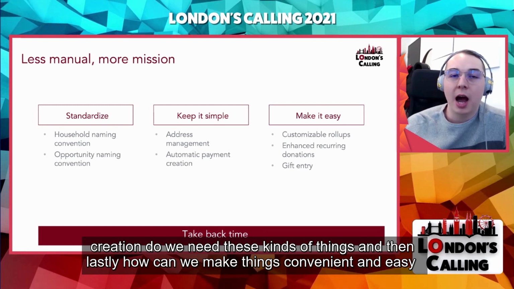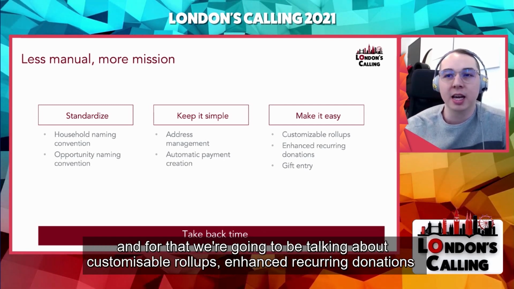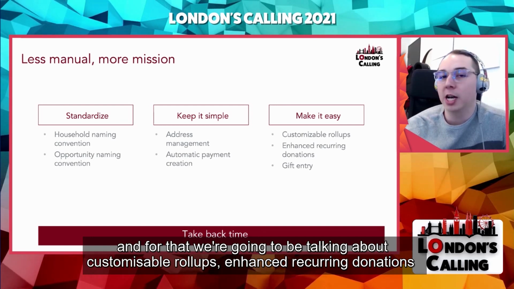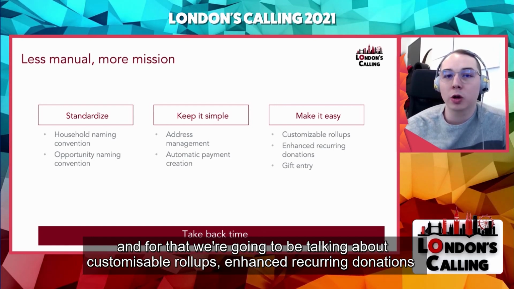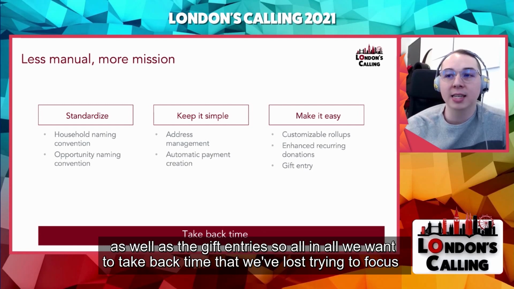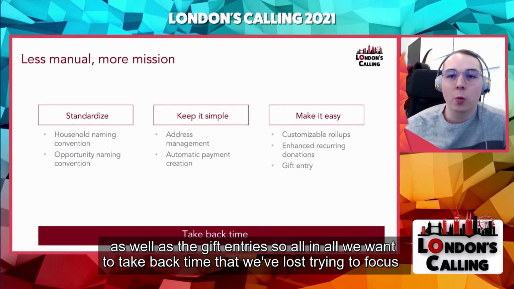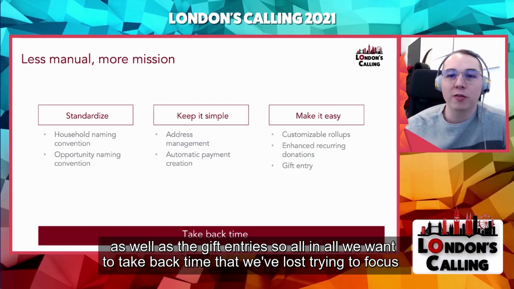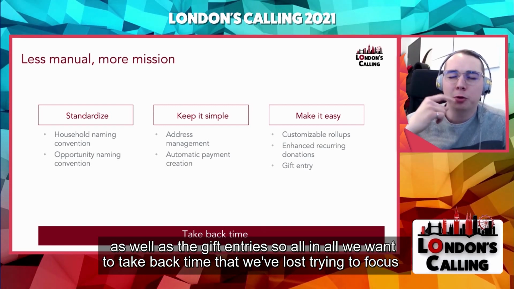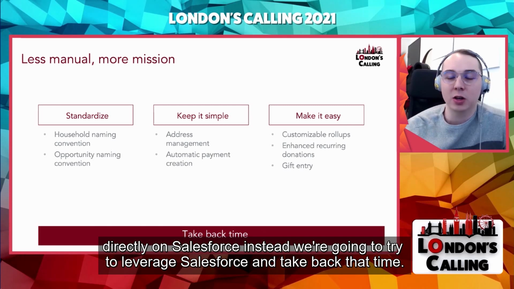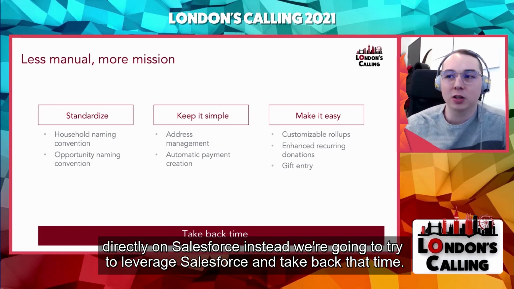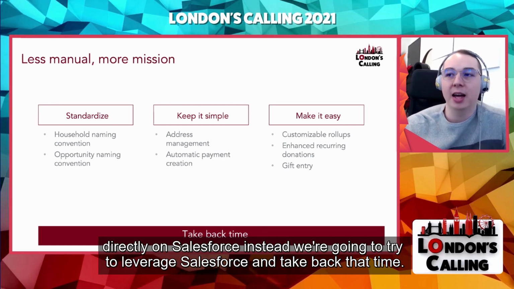And then lastly, how can we make things convenient and easy? For that, we're going to be talking about customizable rollups, enhanced recurring donations, as well as the gift entries. All in all, we want to take back time that we've lost trying to focus directly on Salesforce. Instead, we're going to try to leverage Salesforce and take back that time.